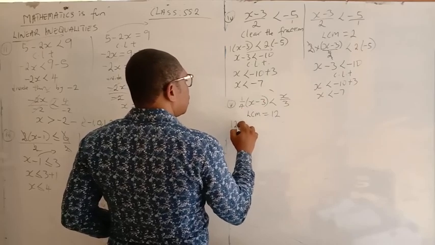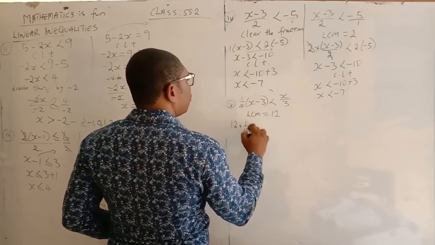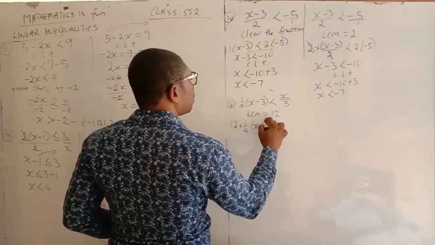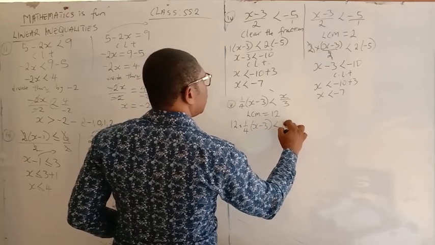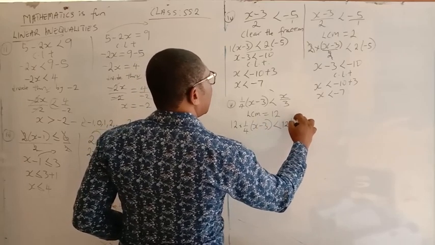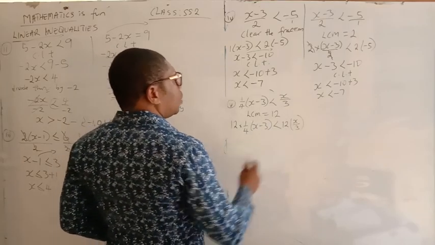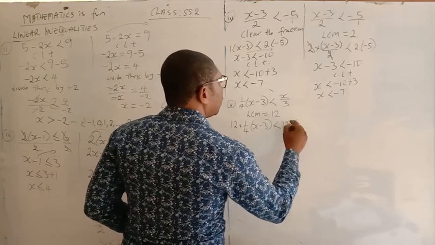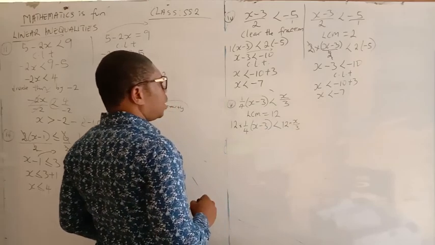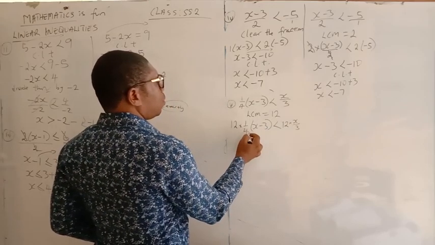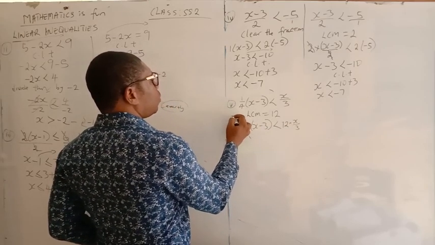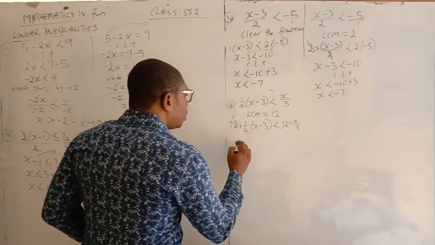So you have 12 times 1 over 4 into x minus 3 less than 12 times x over 3. I don't want to do this, just put it this way. So you have 4 here, 1, 4 in 12, 3. 3 times 1, 3.